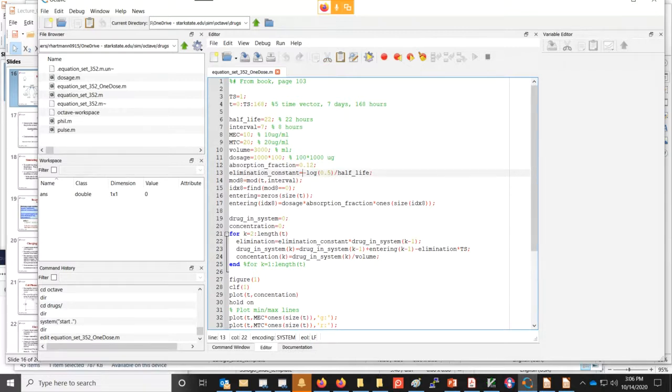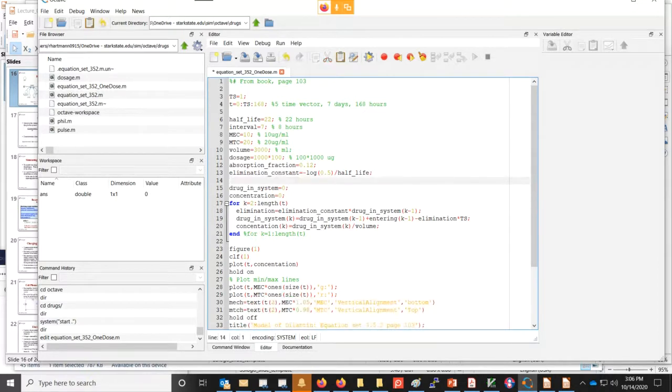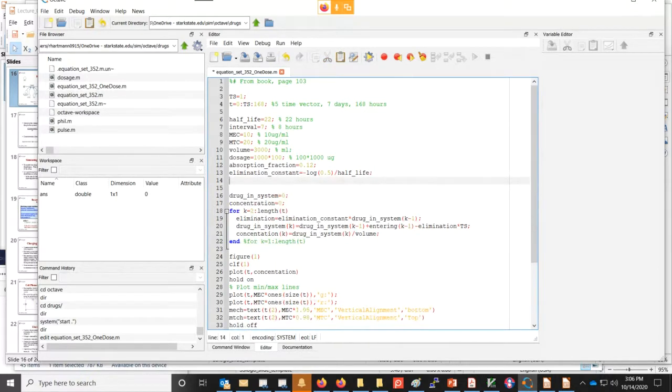If we're just going to take this drug once, I'm going to create a variable called entering.